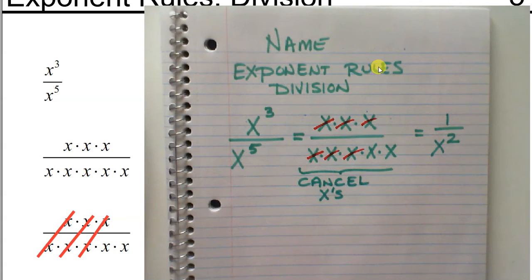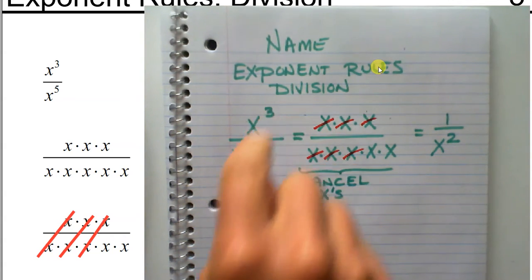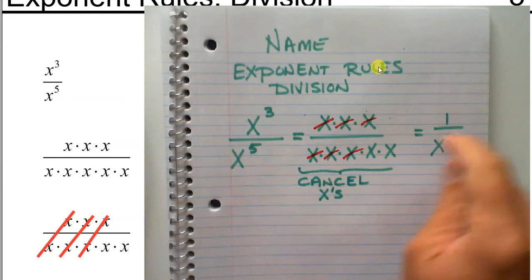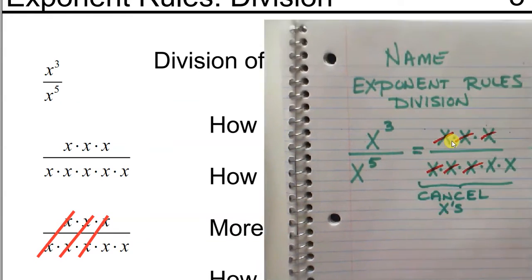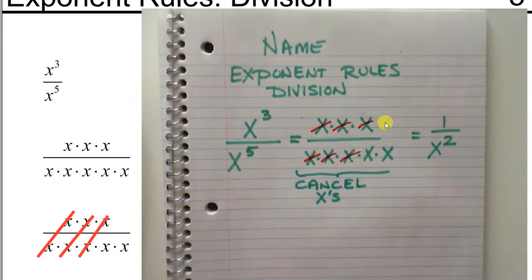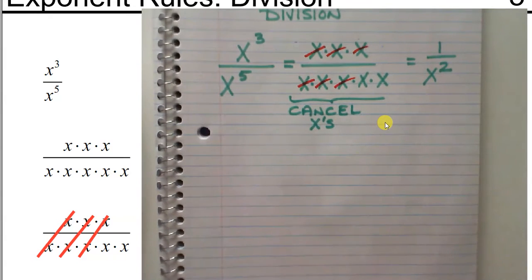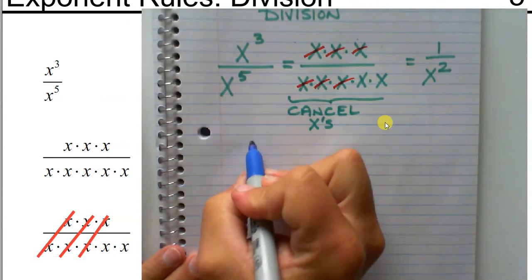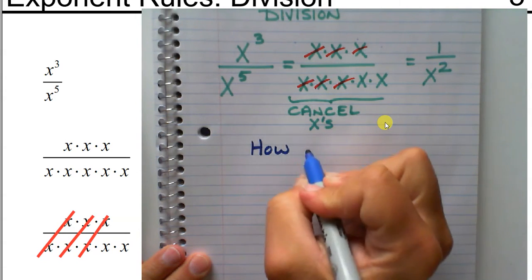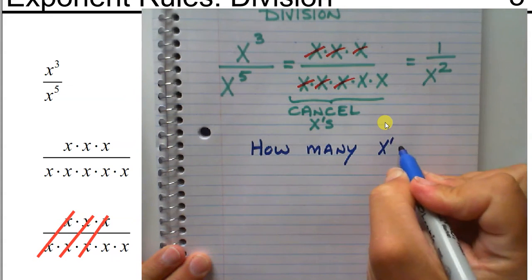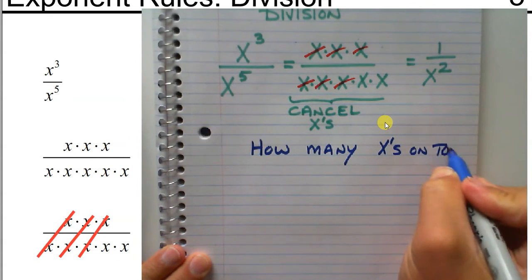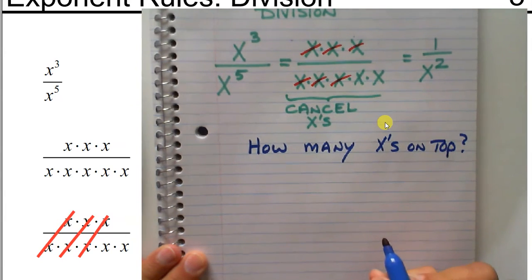And that is division of exponents. This is x to the third divided by x to the fifth. And it becomes 1 over x squared. That's division of exponents. Now, I don't want to have to list it out each time, so I have a little rule for it. And this is what I think. I think, hey, how many x's are on top? That's my first question.